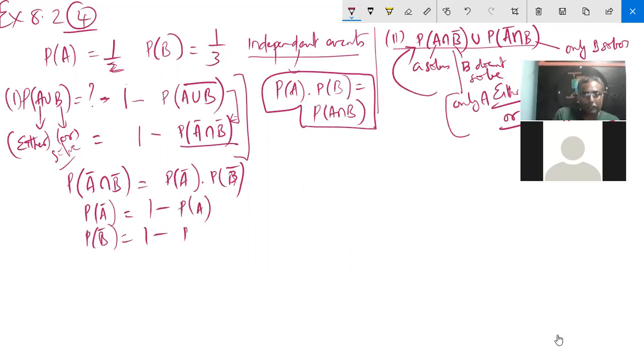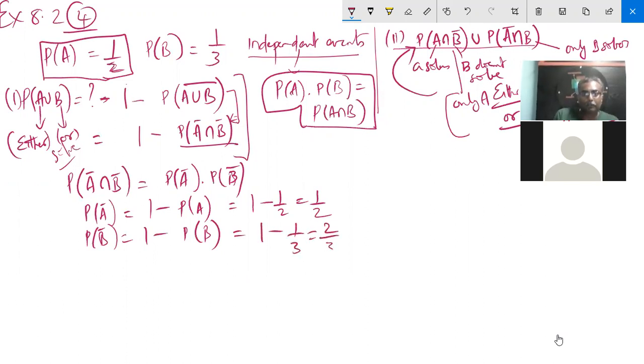That is equal to 1 minus P of B, which is 1 minus 1/3, equal to 2/3. Therefore P of A not intersection B not is equal to P of A not into P of B not, which is half into 2/3, equal to 1/3.